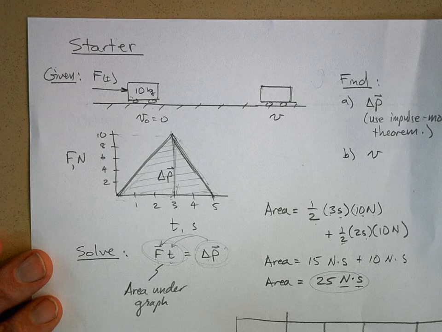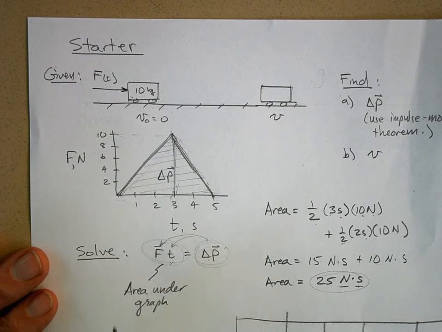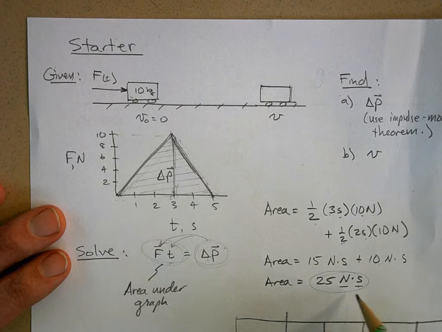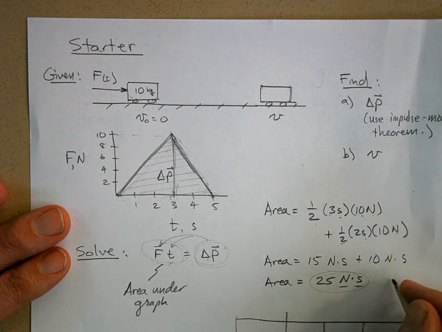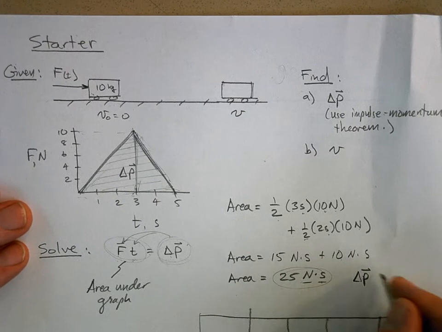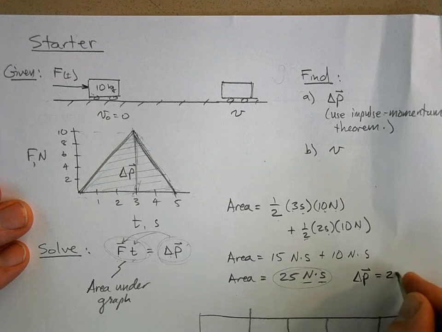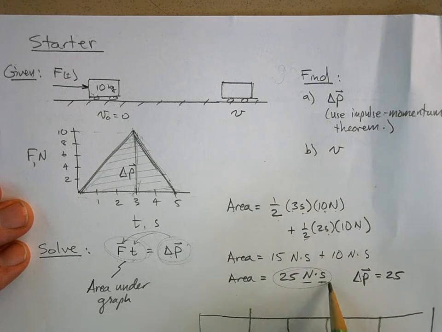But the impulse momentum theorem says that force times time, as long as it's the net force that's doing this, is equal to the change in momentum of the object. So delta P is going to be equal to 25. Now a newton second, what is a newton?